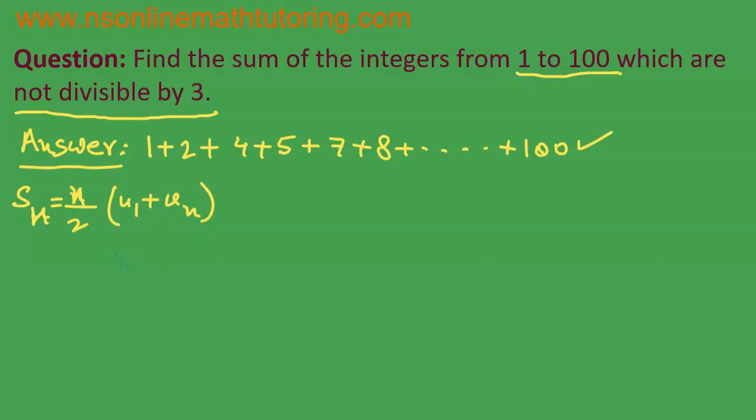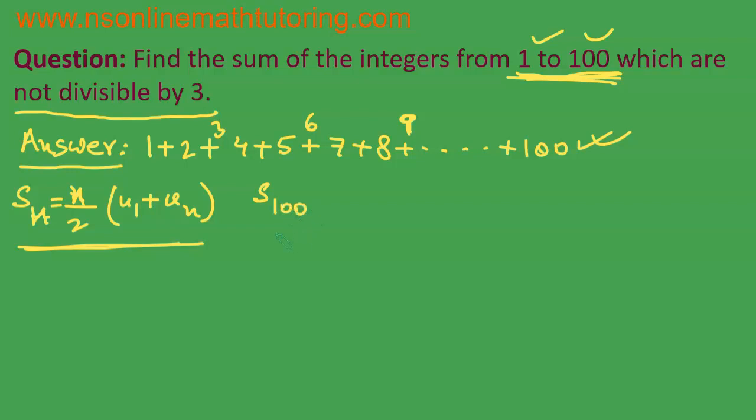We can use this formula, but then we will get the summation of all the numbers between 1 and 100, both included, in which the terms 3, 6, 9, the terms which are divisible by 3 and lie between 1 and 100, will also be included. Fine, no problem. First of all, let us find the summation of all the numbers between 1 and 100.